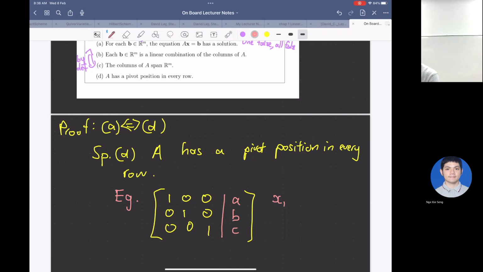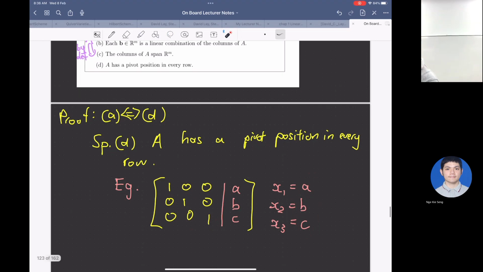This will turn into the solution. Makes sense. So if you have a pivot position in every row, then you can solve the linear system of equations. Is this how you read this augmented matrix? Still remember how to read the augmented matrix? In general, it's the same.